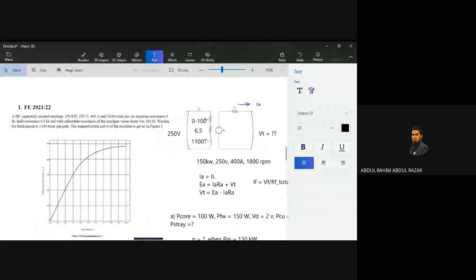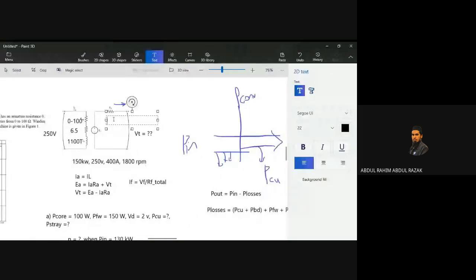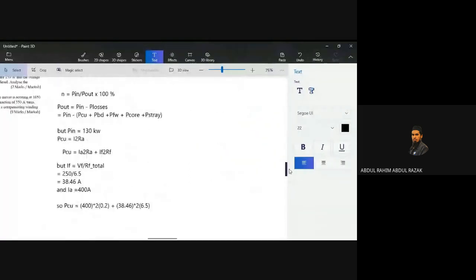Where's your R A? 0.2 here. So your P copper is how much? About 1614 watt.